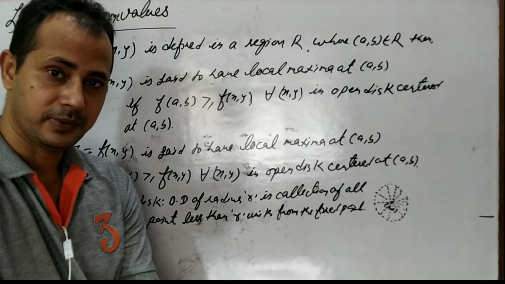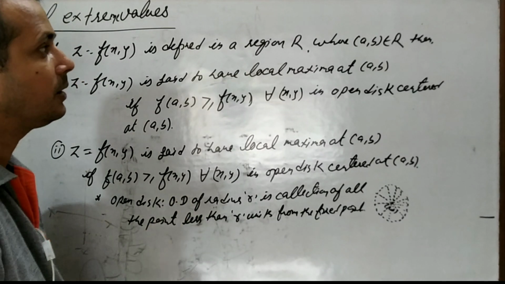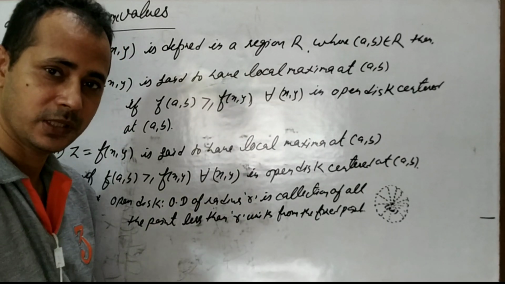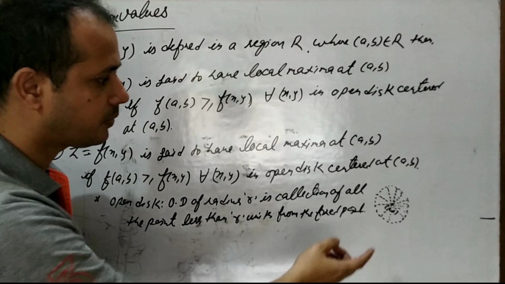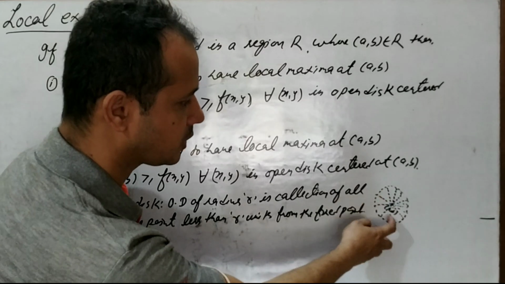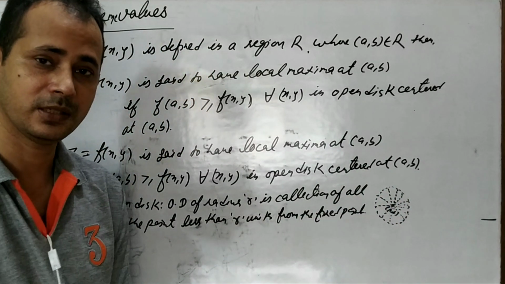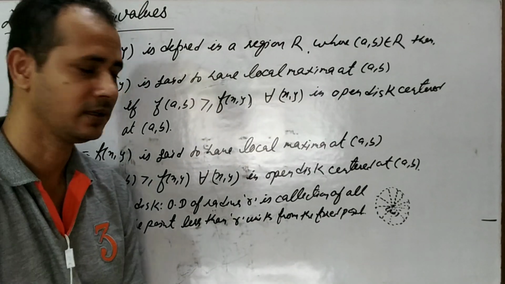Similarly, if the function z equal to f of x y has a local minima at the particular point (a, b), then f of (a, b) must be the lowest out of all the f of x y within this disk. This is the meaning of local extrema of the given two variable functions. Have a look.